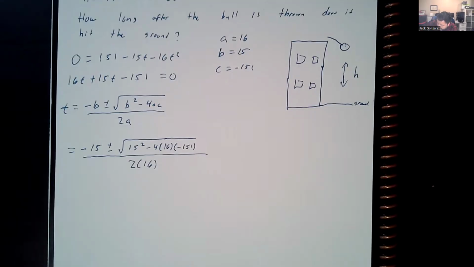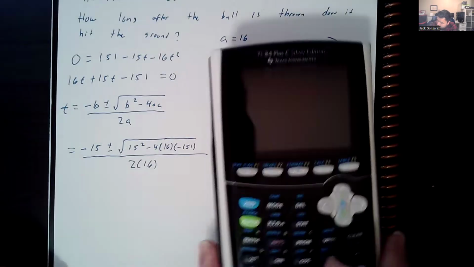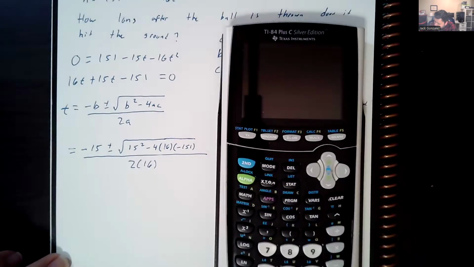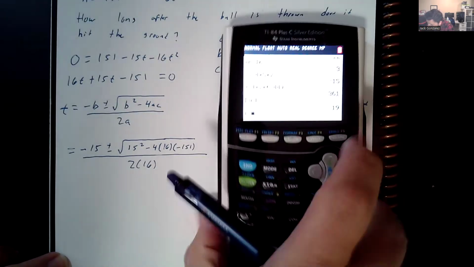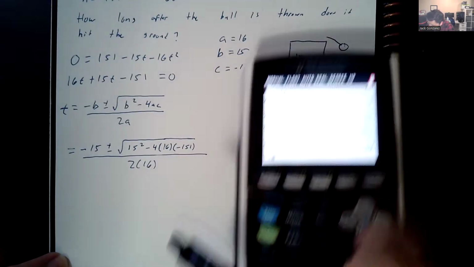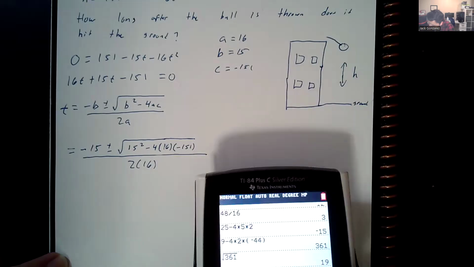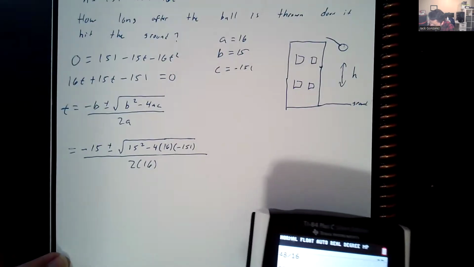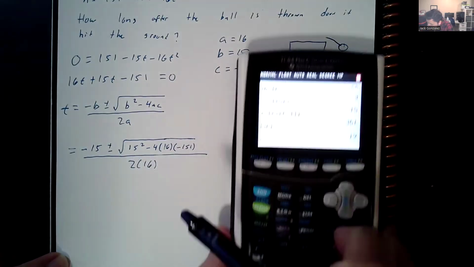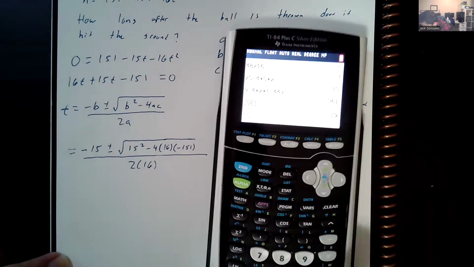I'm going to try to make it a little prettier. So 15 squared, double check everything. B, A, C. Signs are good. Negative B. Okay, let me do the inside first.